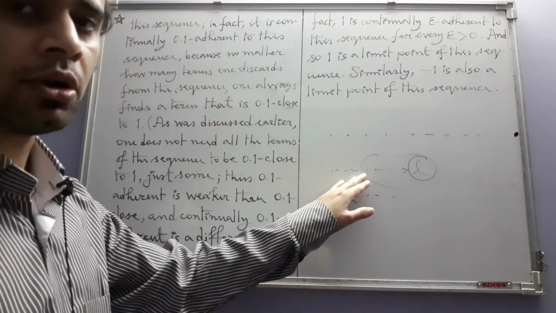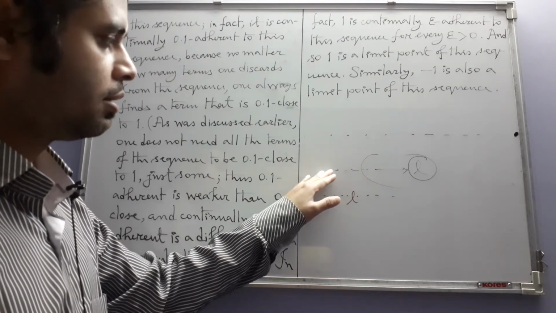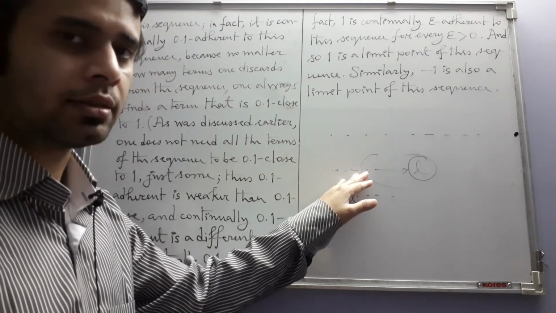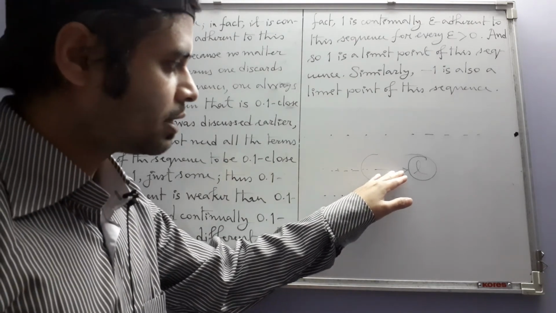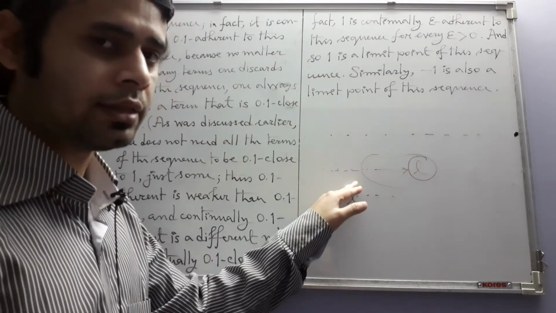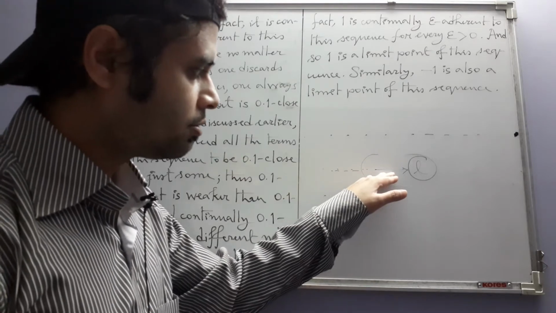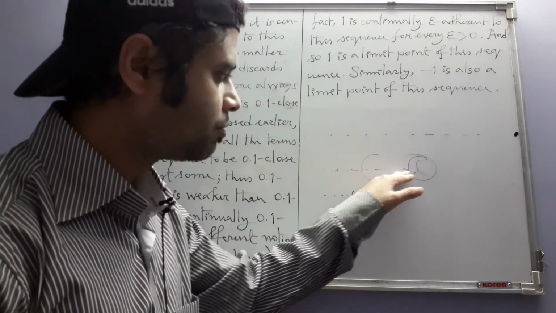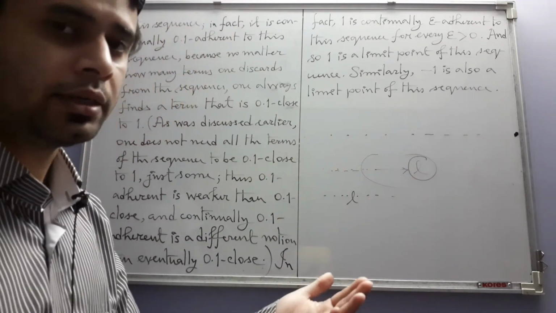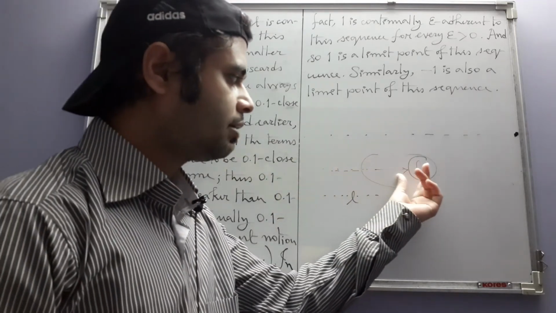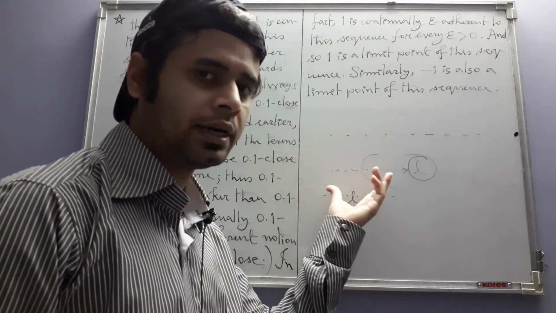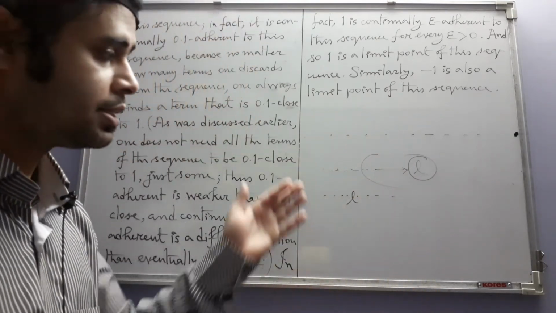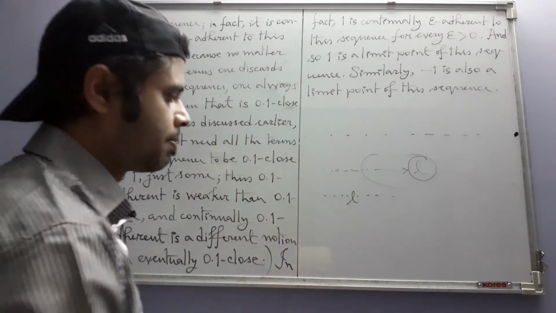They will no longer feel the attraction. But the ones that are closer to L than these will continue to feel the attraction and will also move towards L a little more, and like that the entire sequence moves towards L. This is an analogy only.